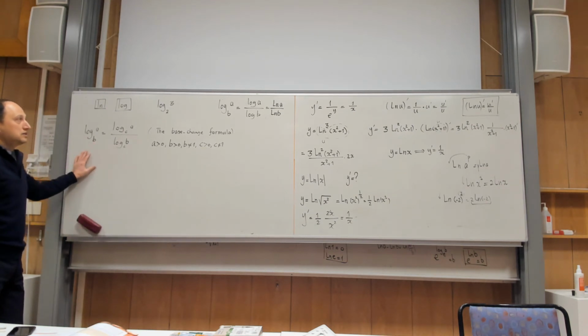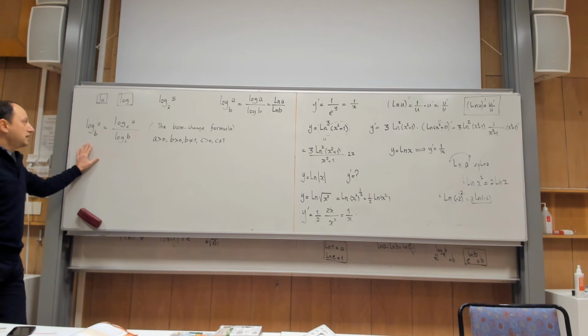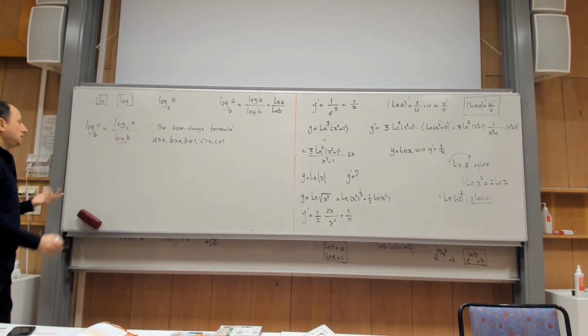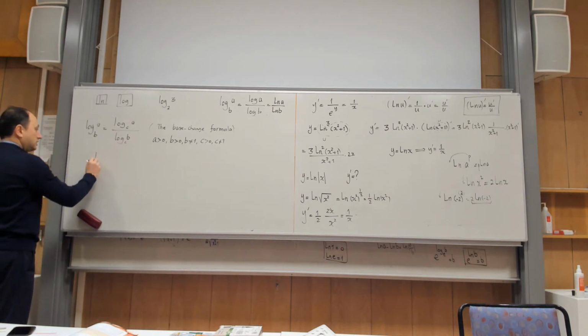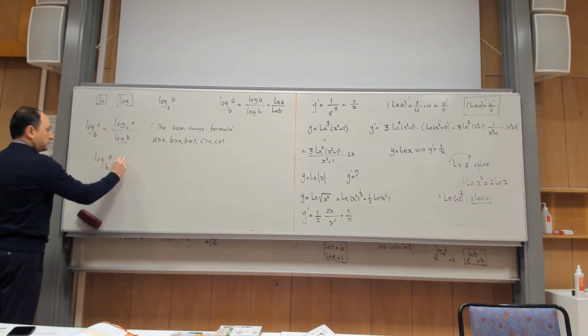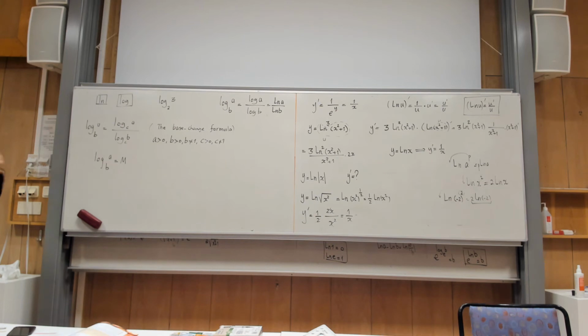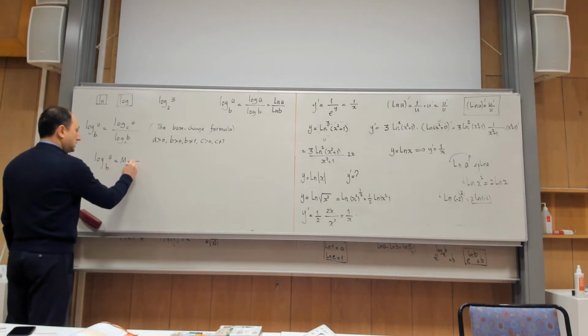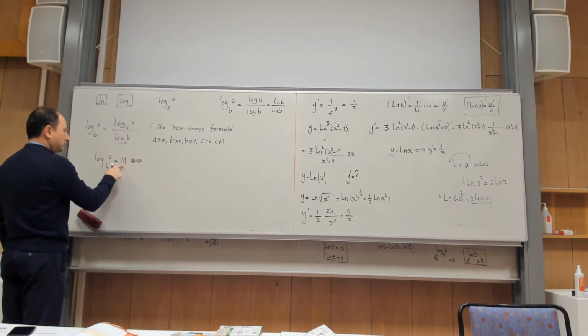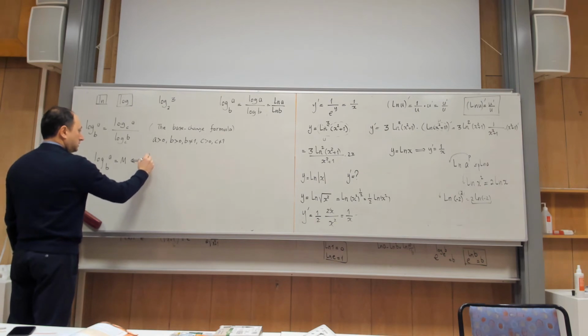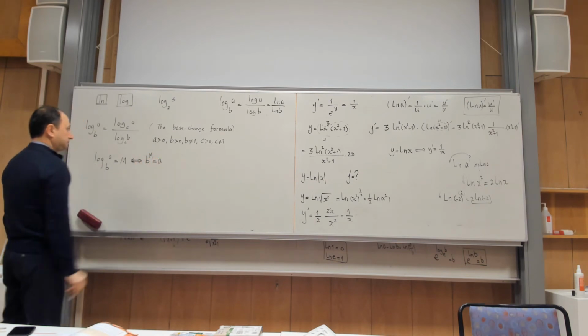Of course, it is not very hard to understand why this formula is correct. Let us just understand that. If I call log of a in base b some number m, then the meaning of this is that b to the power m is equal to a.